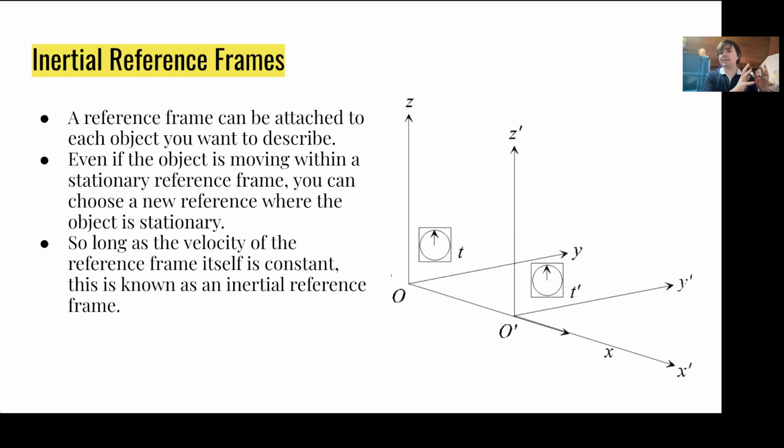And so long as the velocity of the reference frame itself is constant, it's known as an inertial reference frame. And so we'll get back to this idea much later in relativity. But for what's called Galilean transformations, you can always transform a reference frame along with an object in order to describe the motion that's happening.